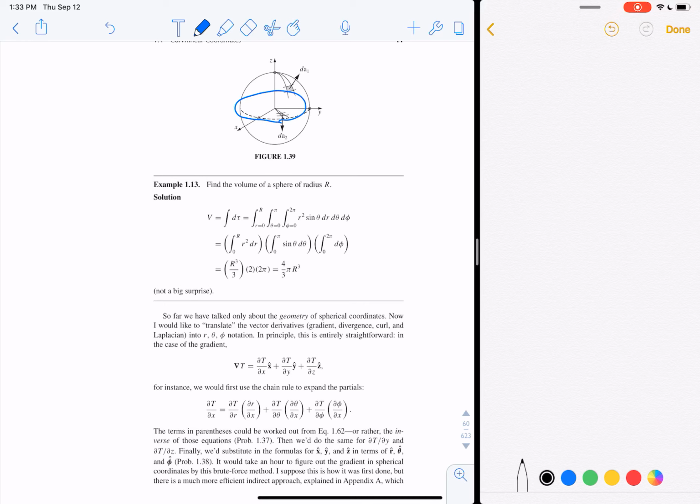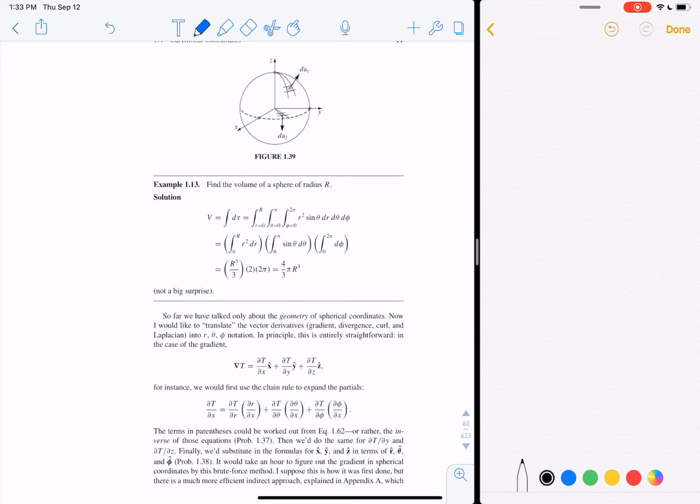So you're integrating along this line to get this slice, and then you're integrating all the way around to get the full volume of the sphere. So 0 to r from the center out, 0 to pi from there down to there, and then 0 to 2 pi all the way around.